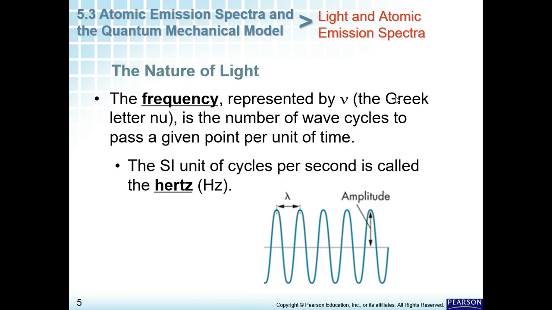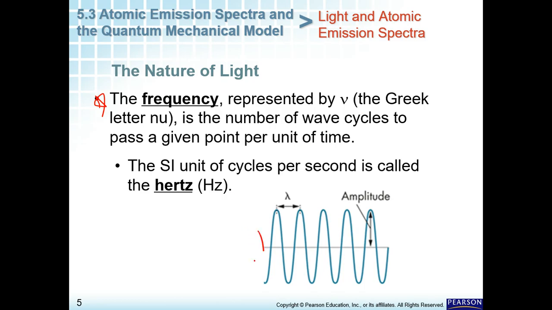The next most important term, so I'm going to go ahead and start this because wavelength and frequency are the two most important ones, is frequency. Frequency is represented by the Greek letter nu, so it looks like a V. This is the number of wave cycles it takes for a given unit of time.